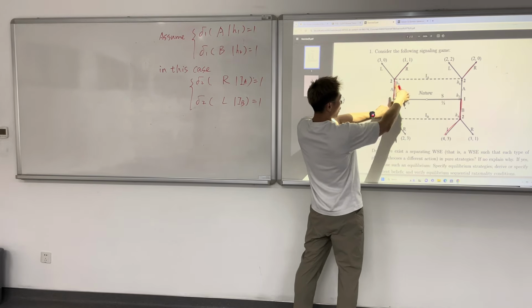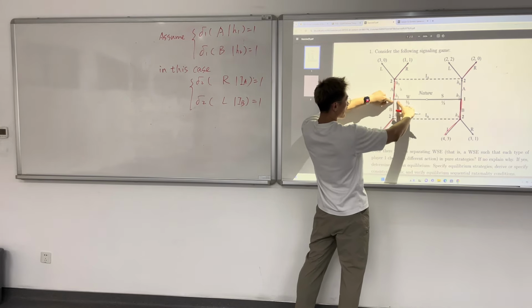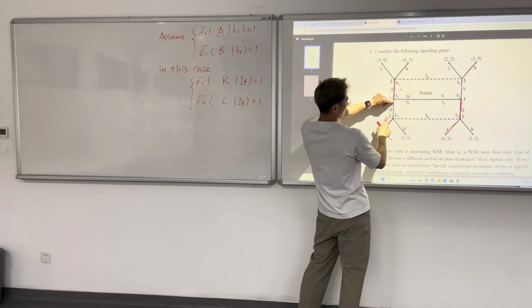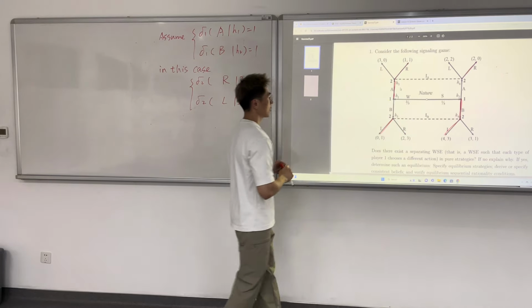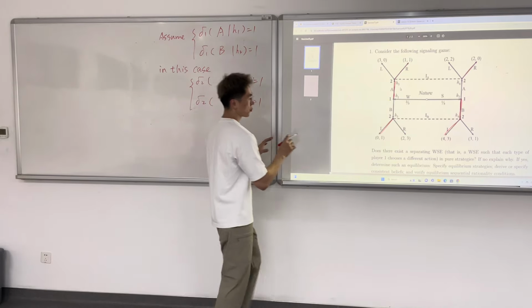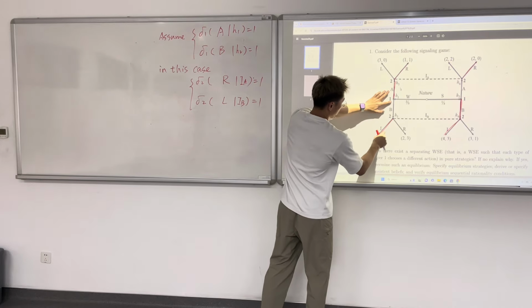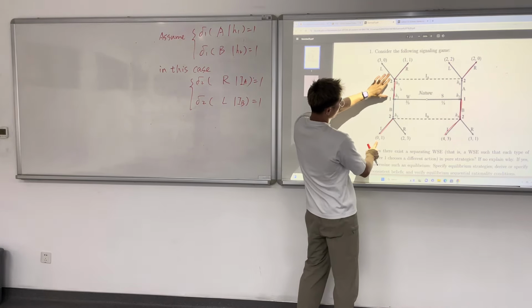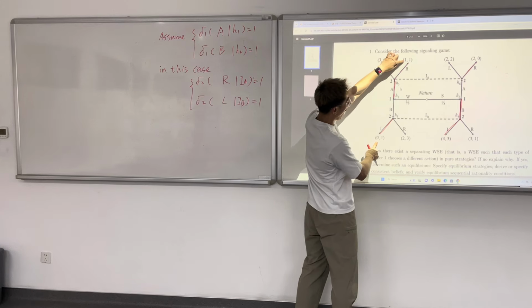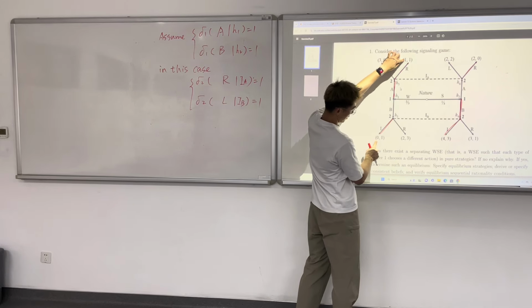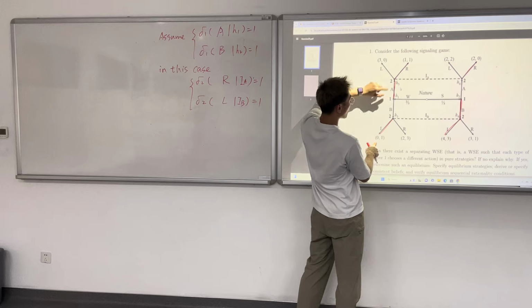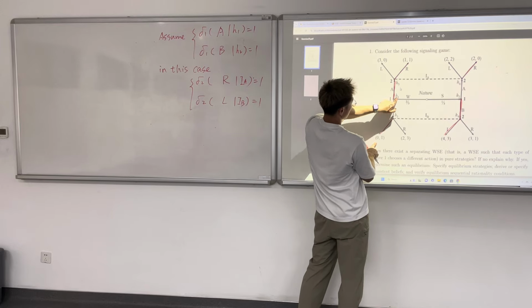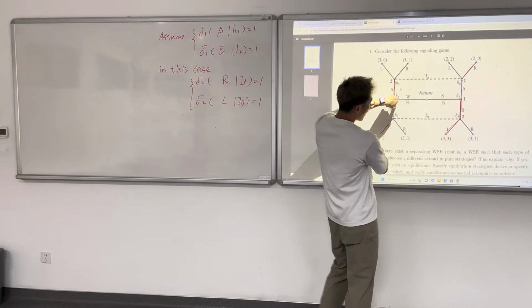If player 1 no longer plays A at H1 but plays B, what will be his payoff? He will get a payoff of 0, right? But if he continues to play A, he gets a payoff of 1, and 1 is larger than 0. That means player 1 will not deviate at point H1.